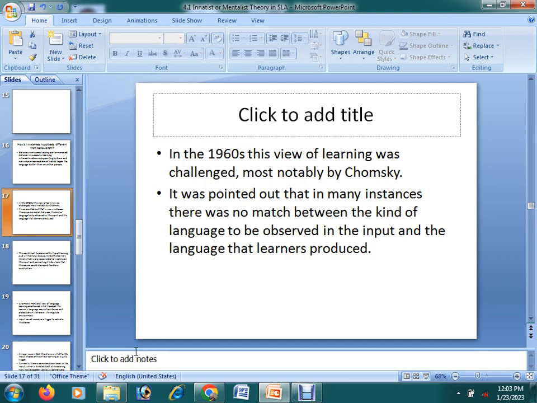Actually, from our birth we have a language-sensitive portion in our brain, and that brain, getting help from input, will try to produce the language. So language learning is not a part of our behavior, it is a part of our innate capability.